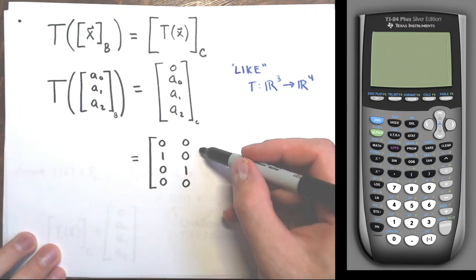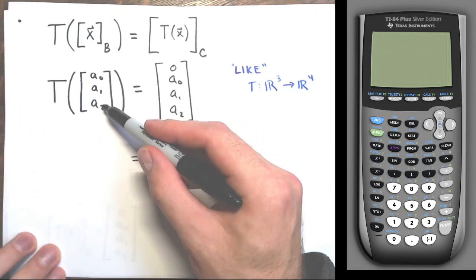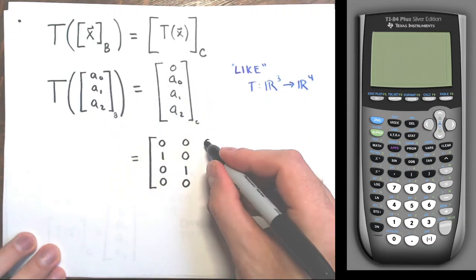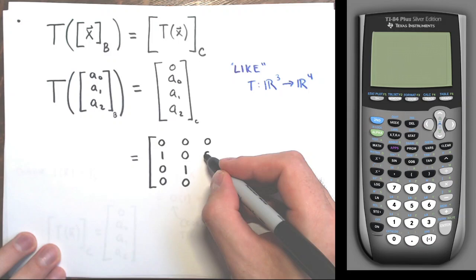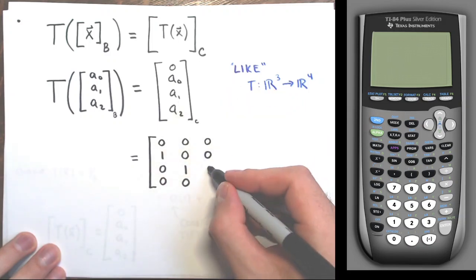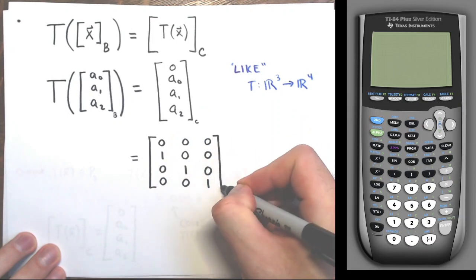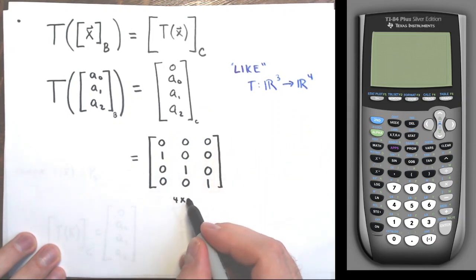And then down the third column, I put the coefficients of my third input variable in the output. There's no a2, no a2, no a2, and then 1 a2. And there's this 4 by 3 matrix that I said would happen.